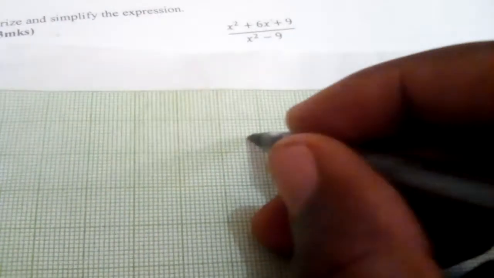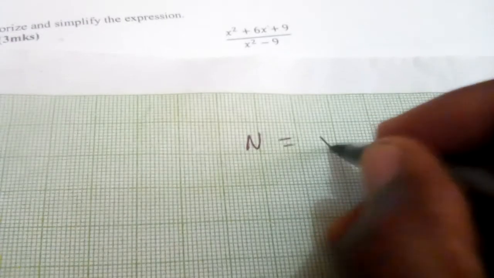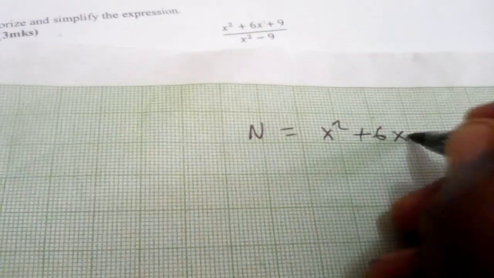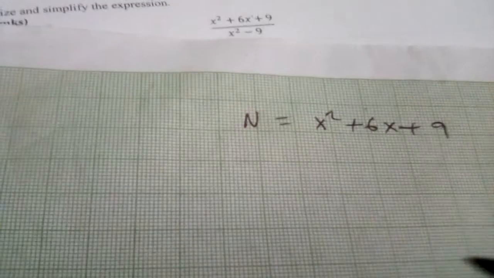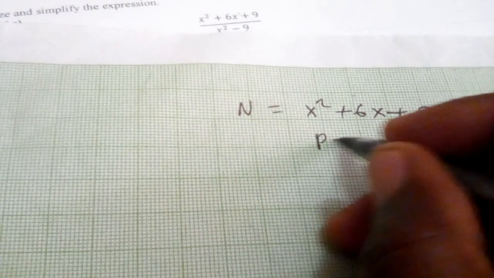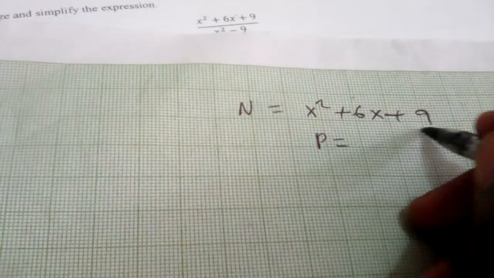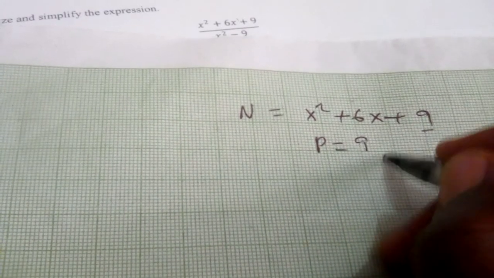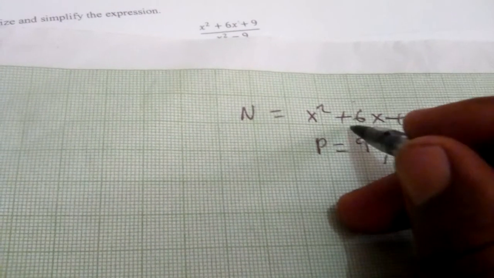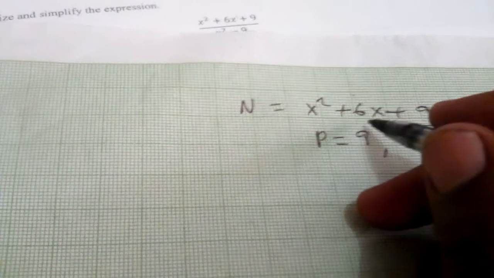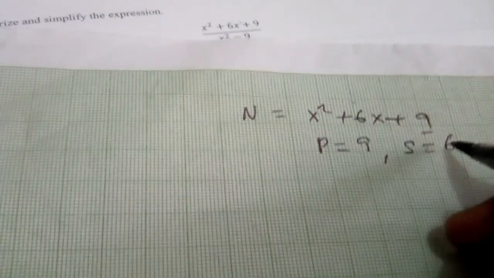And maybe to create some space here, I'm going to use a different paper altogether. I hope this one is going to be visible. You take the numerator as x squared plus 6x plus 9, and then you factor this. The first thing you need to ask yourself is, what is the product? The product is positive 9, and the sum is the coefficient of the linear term, which is positive 6.